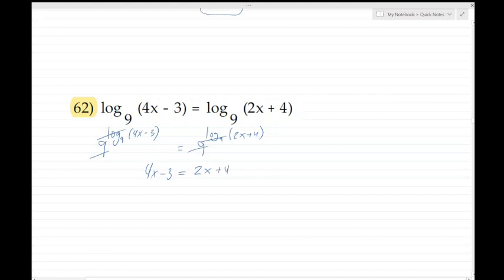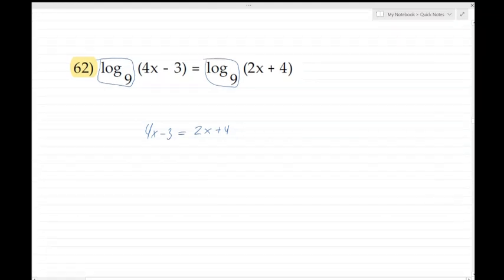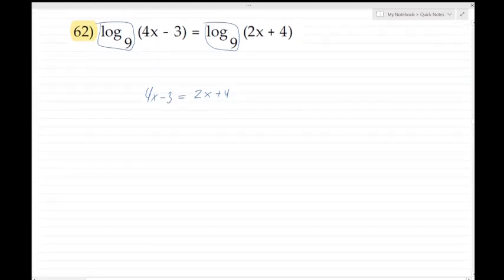So the middle step is just to show you what's going on. But if you notice here, log base 9, you can just drop both the logs and go from there. And that's it.